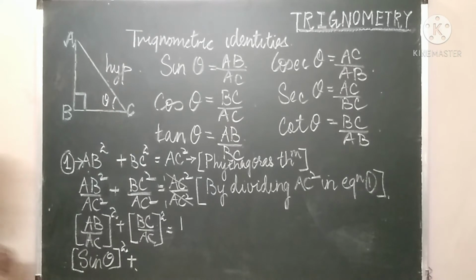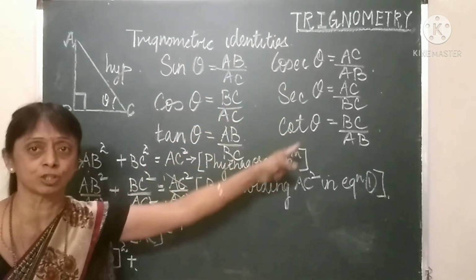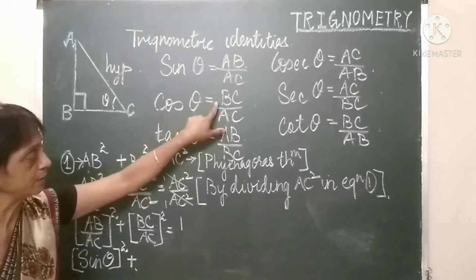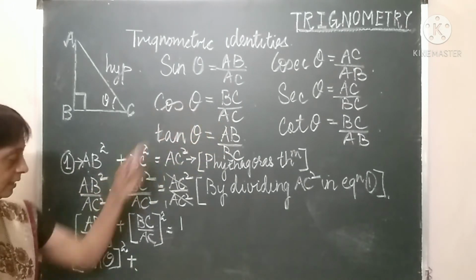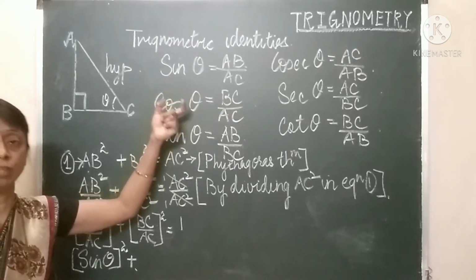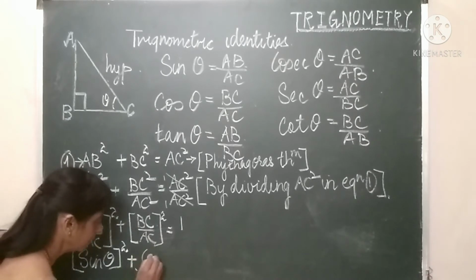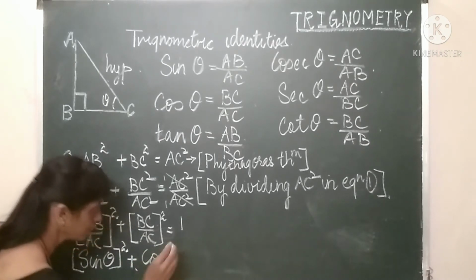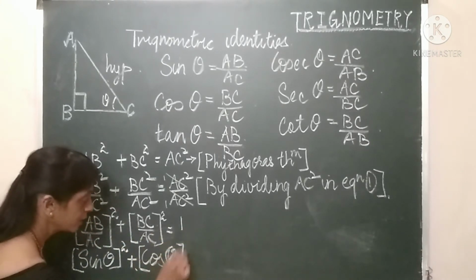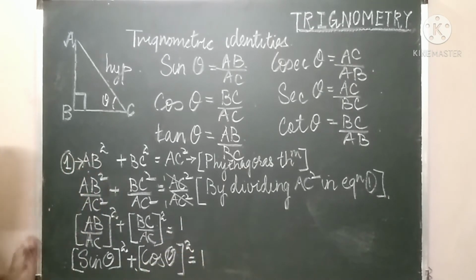Plus, BC upon AC was which trigonometric function out of these 6? It was cos of theta. So for BC upon AC, we can substitute cos of theta, cos of theta the whole square, which is equal to the right hand side, that is 1.